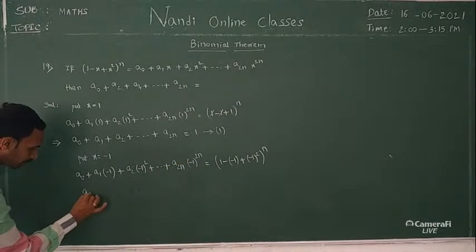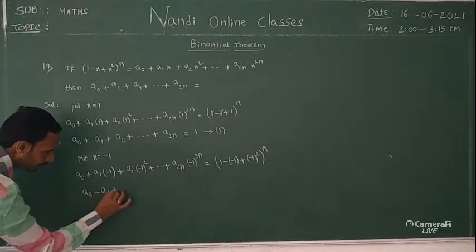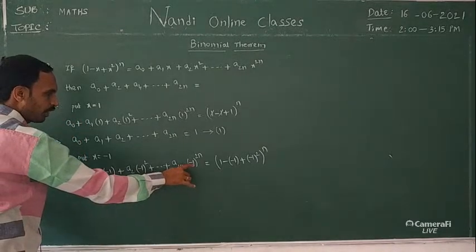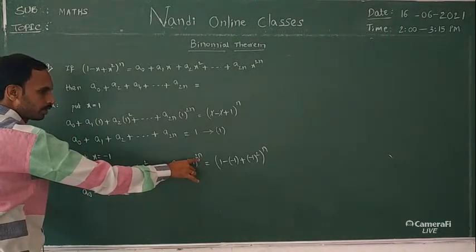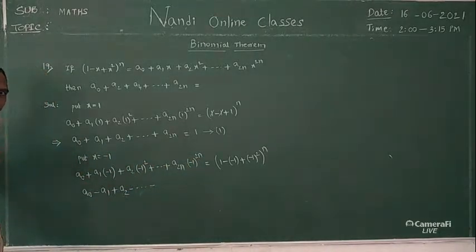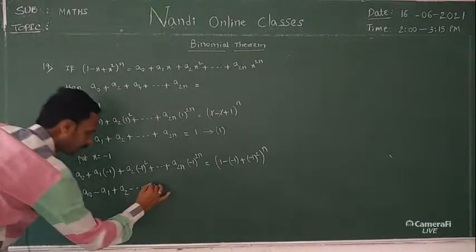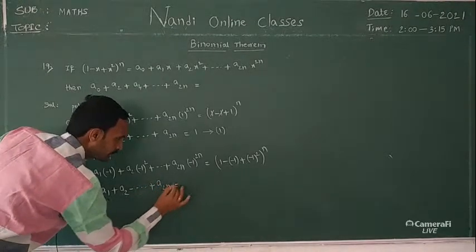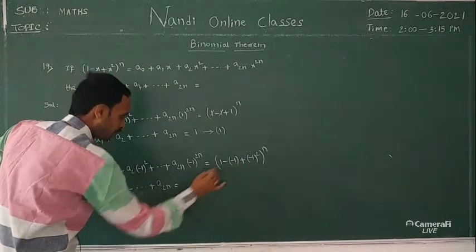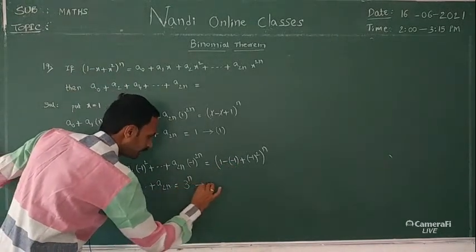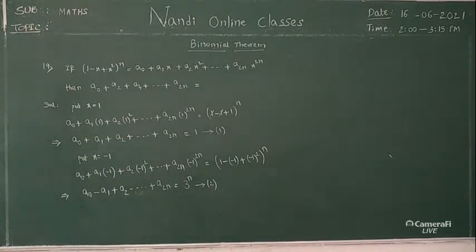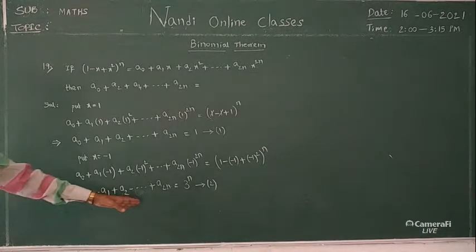Okay, a naught, a1 into minus 1 is minus a1, plus a2 minus and so on. 2n is an even number, minus 1 whole power 4 is 1 only. So, plus a2n is equal to 1 plus 1 is 2, 2 plus 1 is 3. So, 3 power n. Take this as equation 2. So, plus or minus alternately coming.